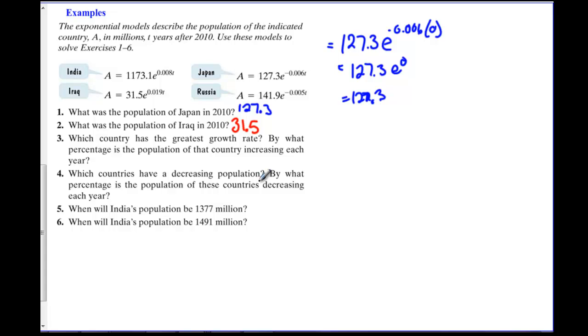Iraq, right, because we're comparing 0.008 and 0.019. The 0.019 is going to be bigger. So we know that it's Iraq that's growing the fastest, and it's asking for the rate. What's the percentage? Yeah, 1.9%.